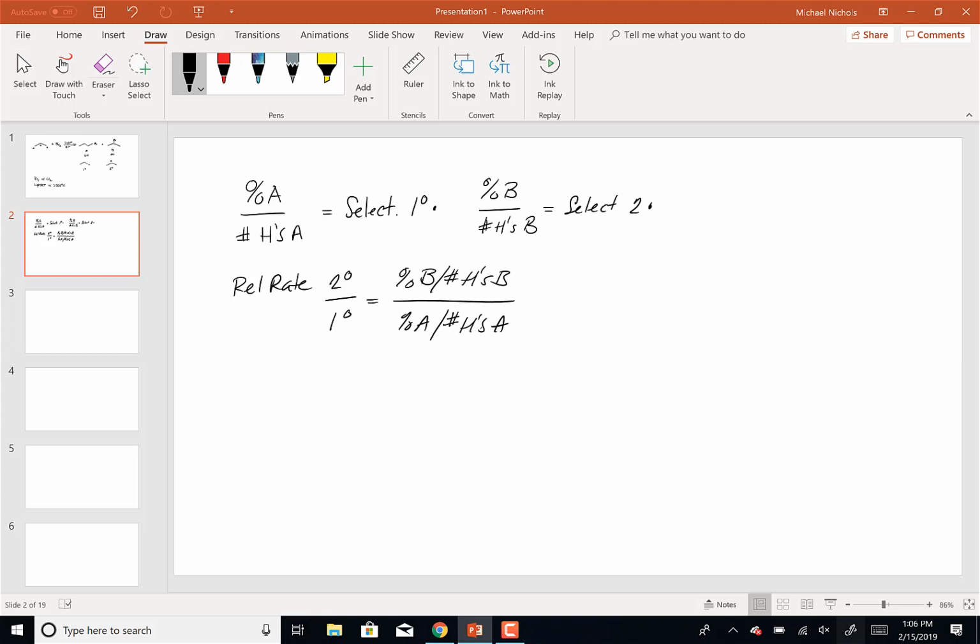I'm taking out statistics. And by taking this ratio, then, I could determine how much faster a secondary radical forms versus a primary radical.